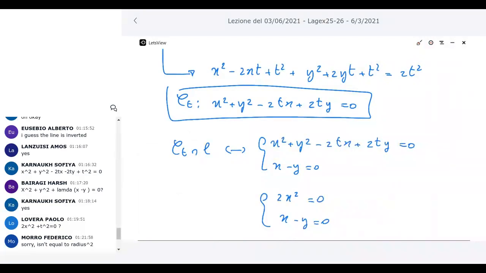And so I get the solution x squared equals 0 and x minus y equals 0, which is what we can call a double point. So just one point of intersection with the line we are looking at, right? So you see, this is telling me that our solution is correct for all values of t, because when I intersect, I just intersect in (0, 0), which counts twice because of the x squared. Okay? Is this clear?